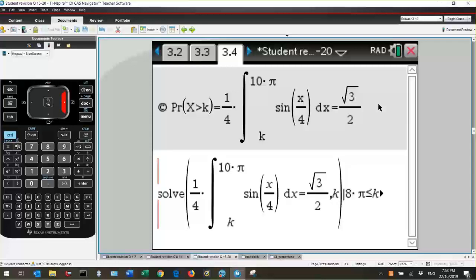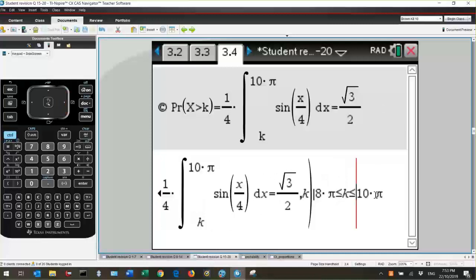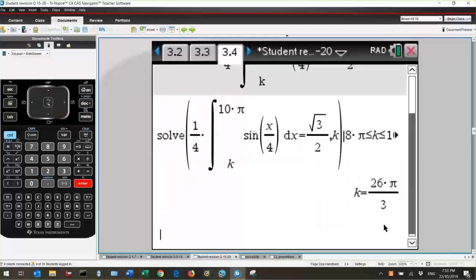I solve, making sure that I've got the domain restriction, that it's from 8 pi to 10 pi. Absolutely essential whenever you're dealing with circular functions, because otherwise there tend to be infinitely many solutions, because it's a repeating function. And I get the value of k. So fairly straightforward question, and yes, it didn't have the success rate that I would have expected. So don't take these for granted. Okay, so the answer is B.